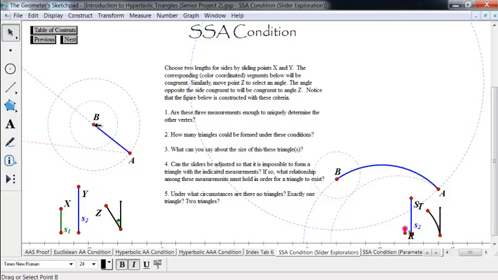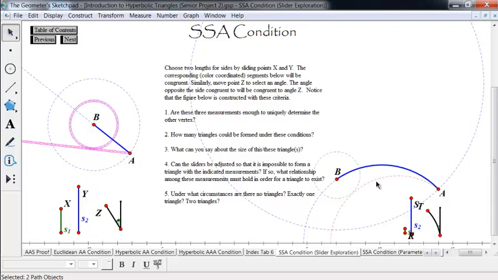If you match it exactly right, this circle and this line are tangent to each other at this point here. They touch exactly once, in which case you're going to have a right triangle with a right angle at point C. And that's going to be exactly one case.